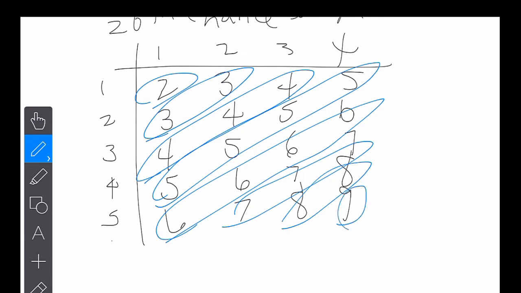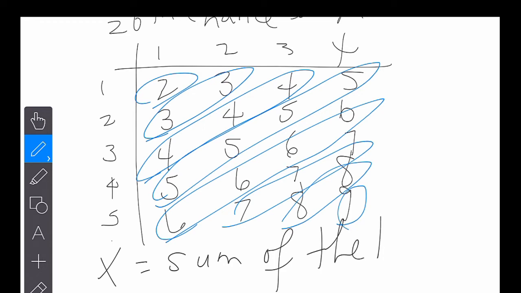So X can be, so this is the fun part. Let's define X in words first. X is the sum of the two balls.